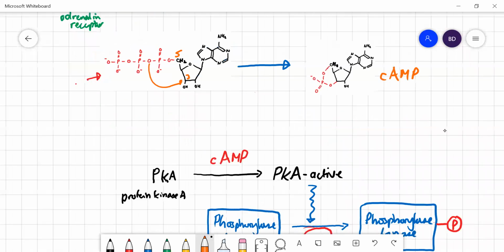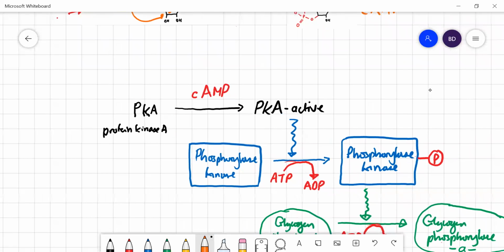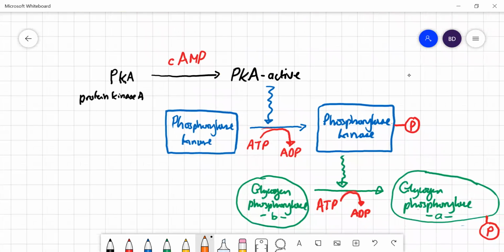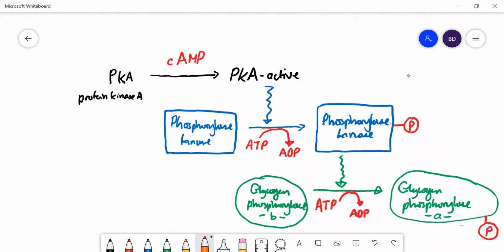Now, this is pretty complicated, and there's quite a lot of enzymes here, and they've all got very similar names, which makes it even more confusing. So let's go through it slowly. Right, there's this enzyme here called protein kinase A, and that was actually discovered by Krebs, as in the Krebs cycle, and he got the Nobel Prize for discovering how that works.